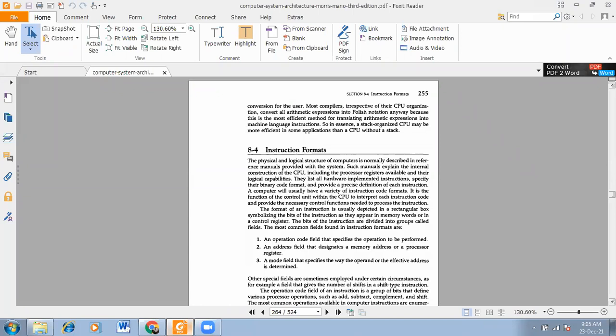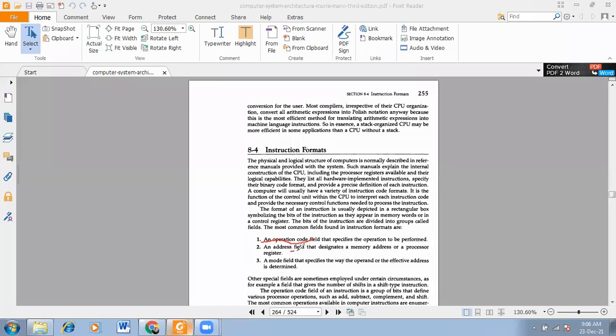So in the instruction format, it is having mainly three parts. The part one contains an operation code, that is opcode. The first part contains the operation code. Okay. Now you need to have some address, because where you are storing the data, that you need to know.